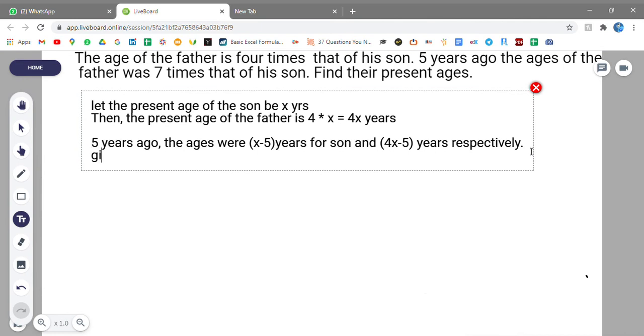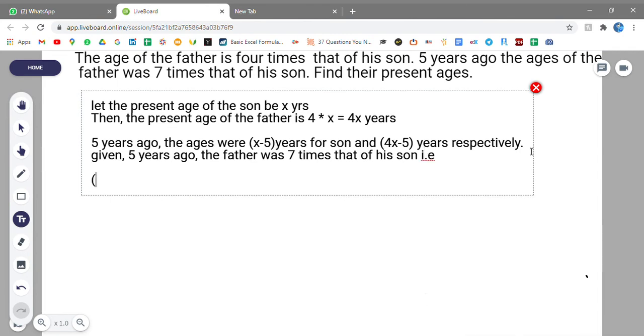Given 5 years ago the father was 7 times that of his son, that is nothing but 4x minus 5 is equal to 7 into x minus 5. Okay, so this is the equation that we are going to get.